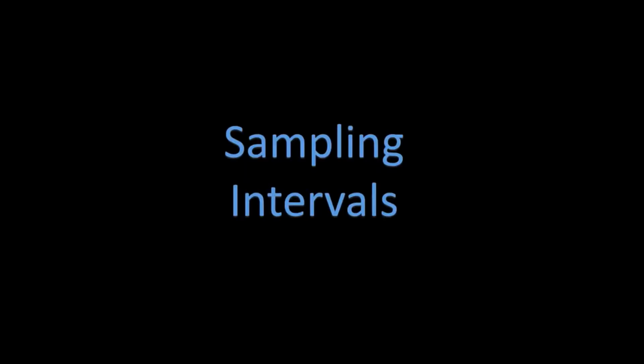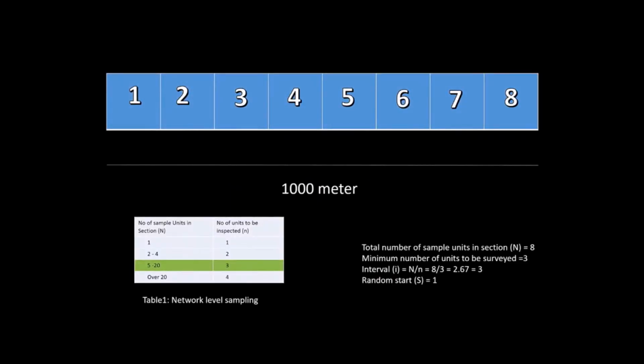My name is Tan Kang Kwan from Section 6. I will present the data and analysis. First, we had to determine the interval. We have a total length of 1000 meters in this survey, and we divide it into X sections. From Table 1, we can obtain the number of units to be inspected, which is 3.